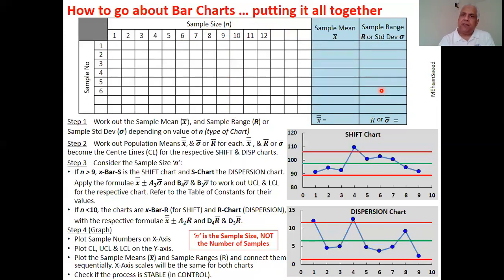In either case, we take the mean. And then we proceed as we have already done, work out these figures, put them in their respective formulas, get the upper and lower control limits, plot the chart, plot the data, and find out whether the process remained in control or it went out of control at any stage.